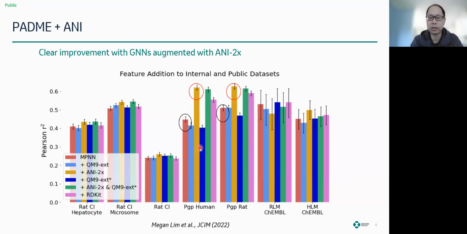And so if you just zoom in on PGP efflux, you can see with the standard ChemProp, and then by adding in ANI energies or further adding in QM9 extension data, you do see significantly improved predictive value from that. And so this is a case where we combine PADME, which is predictive ADME, and ANI, which is the force field, the learned QM potential that you saw.